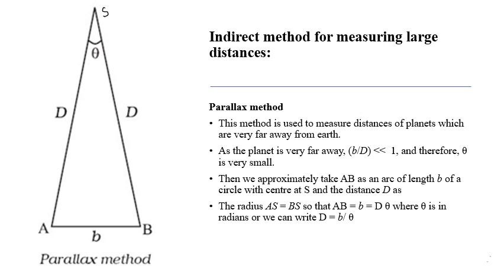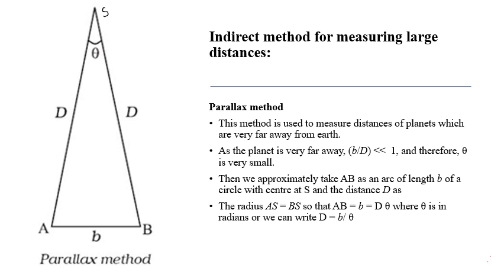As the planet is very far away, b divided by D, that is the ratio of basis and distance, is very much less than 1. Therefore theta is very small. So we approximately take AB as an arc of length b of a circle with center S and the distance D as radius AS.